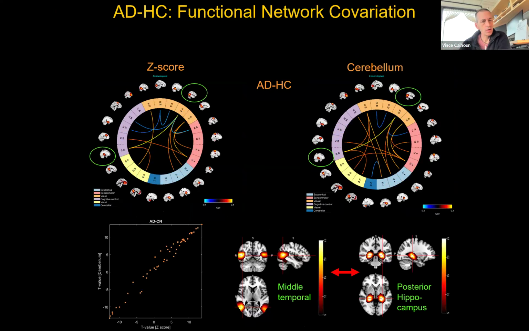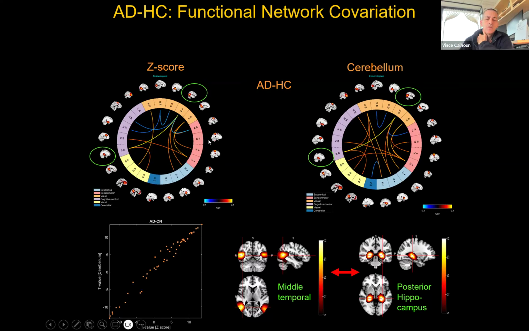We can also use this template and look at, for example, Alzheimer's versus controls if we have data from those 2 groups. Here you can see the components shown around a connectogram, and then here is the FNC between them. One of the stronger connections here, showing essentially higher uptake in Alzheimer's, is this link between posterior hippocampus and middle temporal regions.